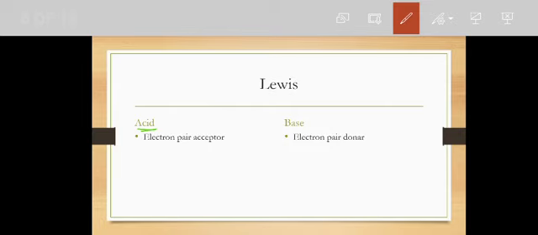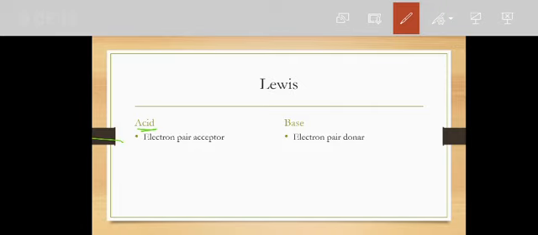For example, ammonia and water both act as Lewis base, because they both have a lone pair, which is nothing but electrons. Electron rich species are capable of donating an electron pair.